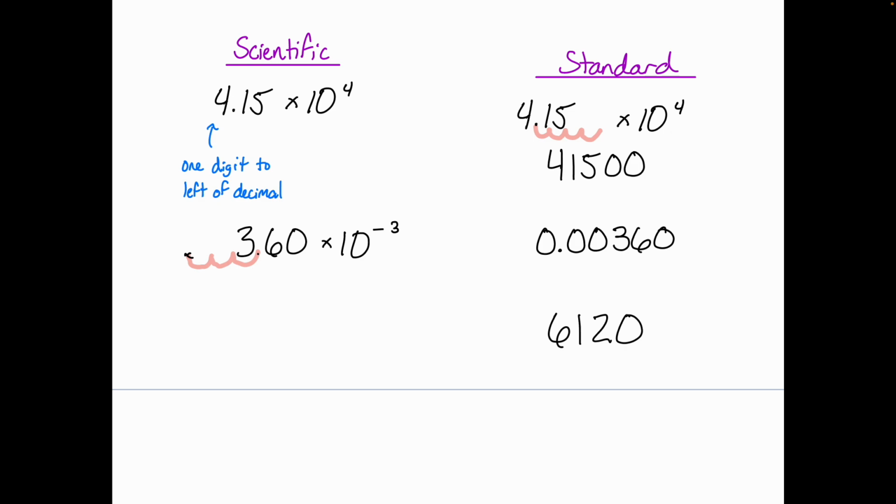Okay, so I'm going to have 6.12 times 10 to the something.